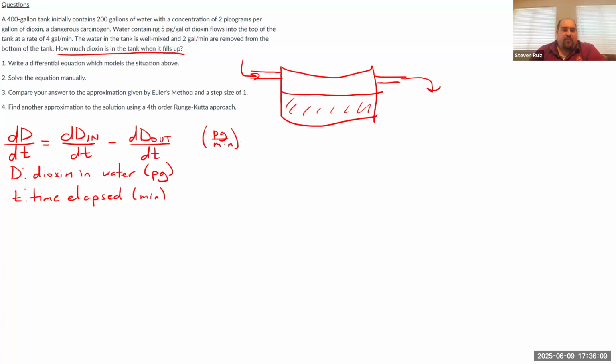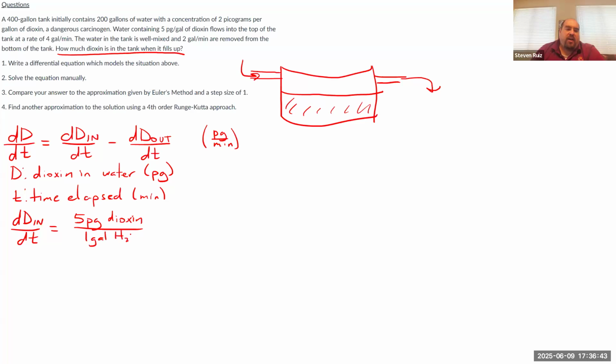I'm writing that down because we want to keep consistent. So what is dD_in/dt? What's coming in here? Water containing 5 picograms per gallon of dioxin flows in at a rate of 4 gallons per minute. So what's coming in is 5 picograms dioxin per 1 gallon of water.